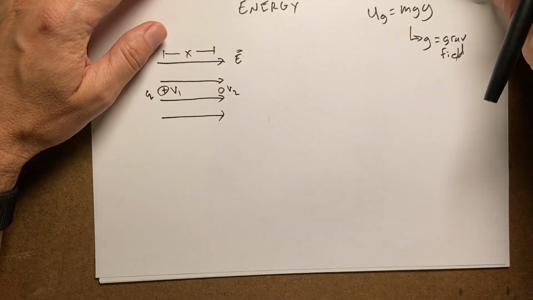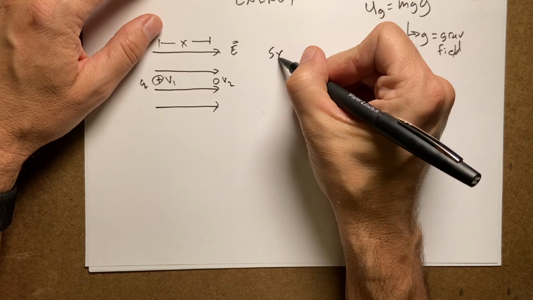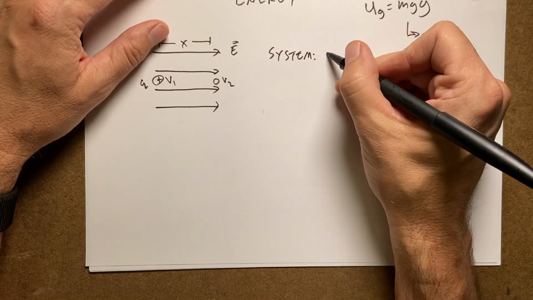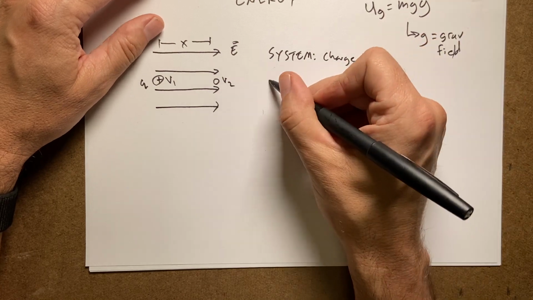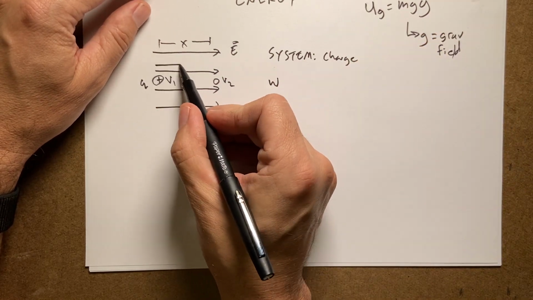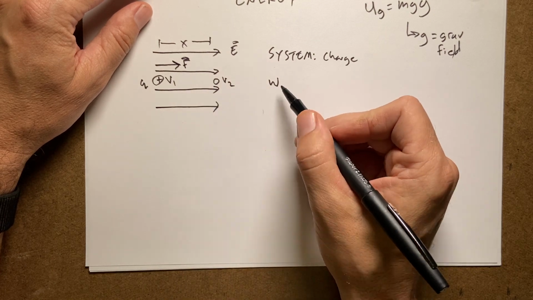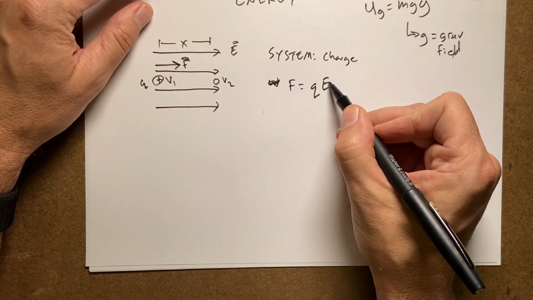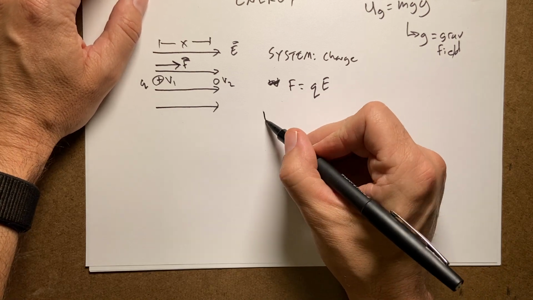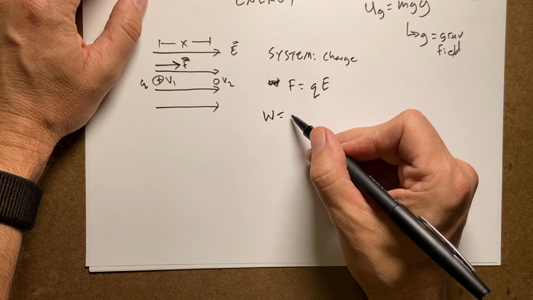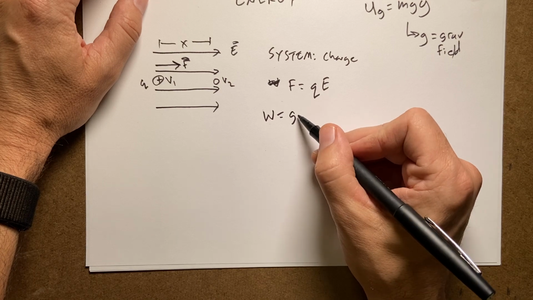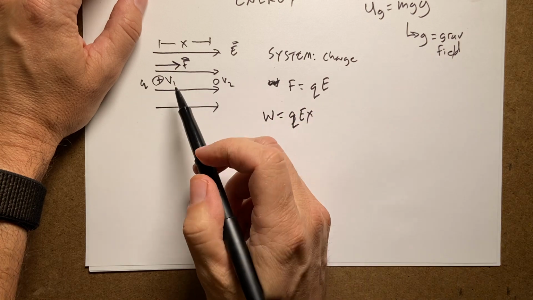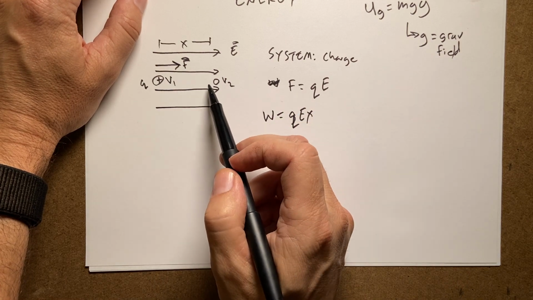Okay. So now I can say the system of the charge, then the work done, there is a force on this, F. The magnitude of F is going to be Q times E. So now I can say the work done is going to be Q E X. And the force and the displacement are in the same direction.